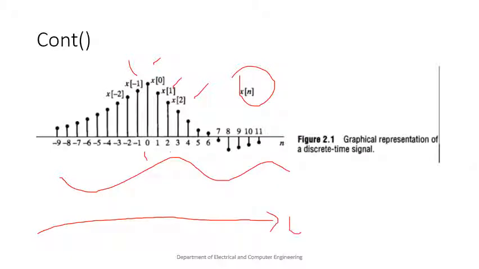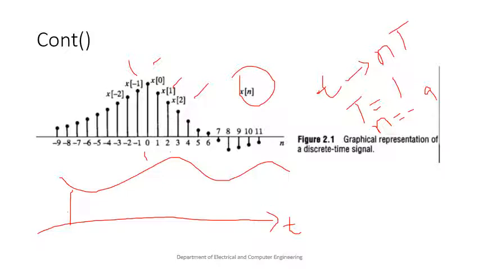What I'm going to do is replace this t with nT. Let's say T is equal to 1 and n starts from minus 9. So minus 9 into 1, our first sample will be here.